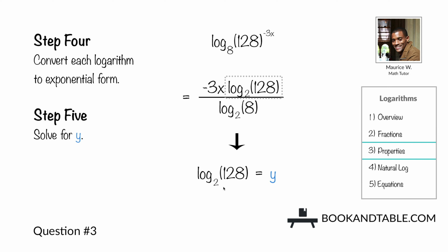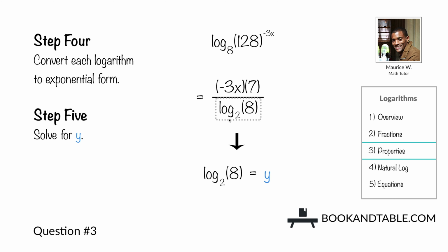And to convert this to exponential form, we take our base 2, raise it to a power of y, and set that equal to the argument 128. 2 raised to a power of y is equal to 128, and 128 is equivalent to 2 raised to a power of 7, allowing us to see that y is equal to 7, which means log base 2 of 128 is equal to 7. So we swap this term out here for 7.